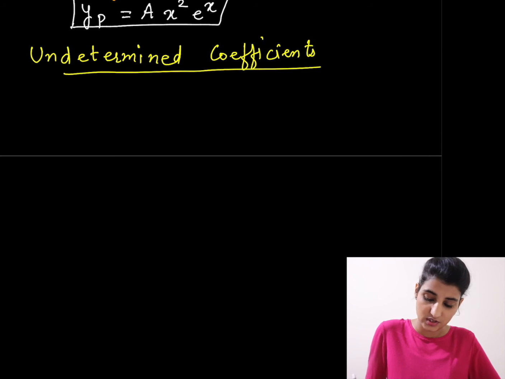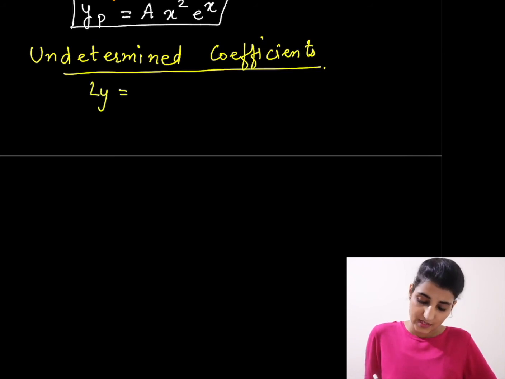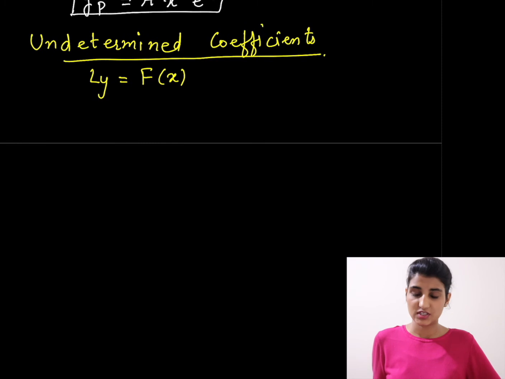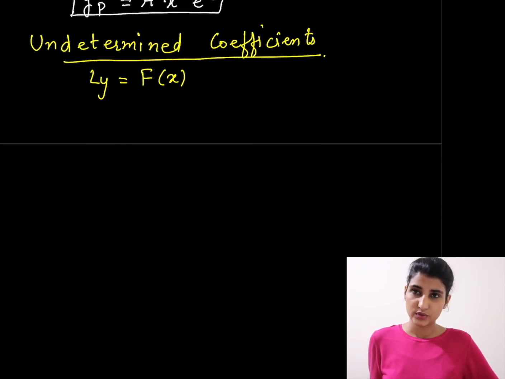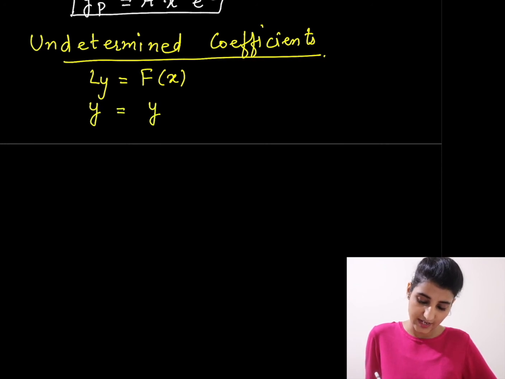First, suppose Ly equal to f(x) is our non-homogeneous equation. Then our solution looks like y equal to yc plus yp.